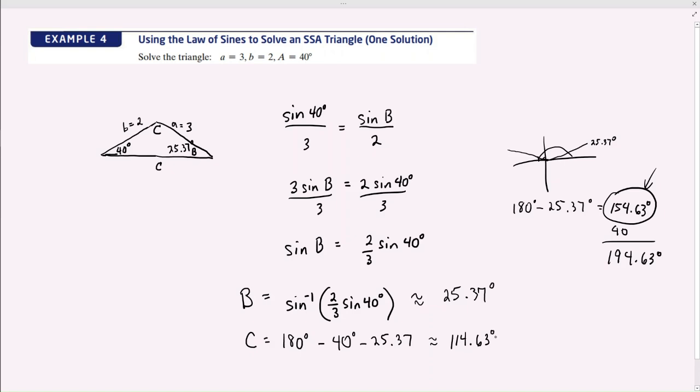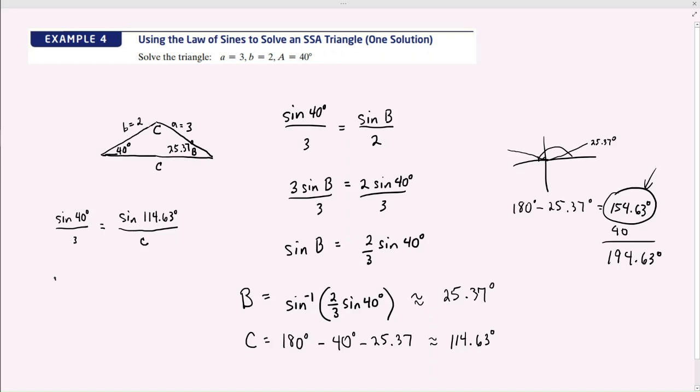All right, that allows us now to set up another law of sines, and we'll use the fact that the sine of 40 degrees over its opposite side 3 is equal to the sine of what we found for C, 114.63, over the unknown side length of C. So we will both cross multiply and divide both sides by sine of 40 degrees.